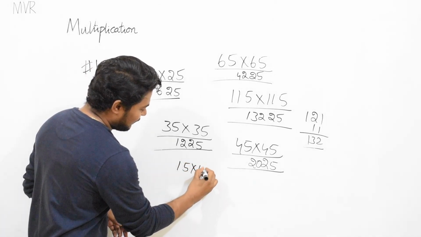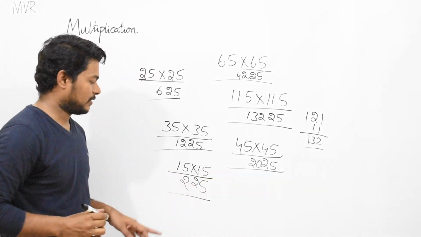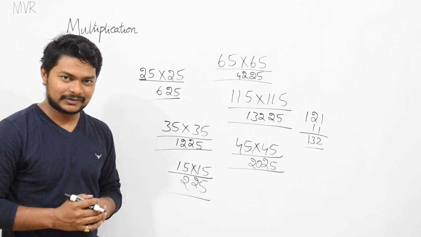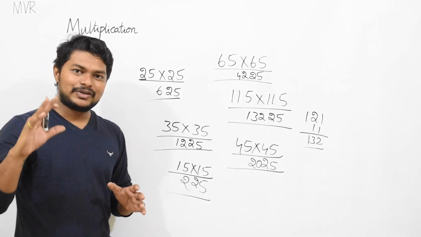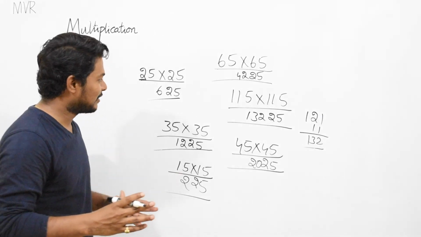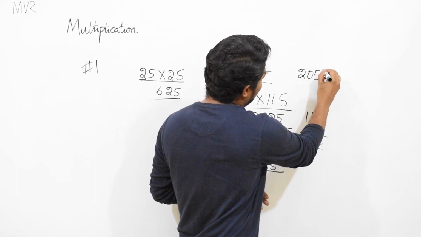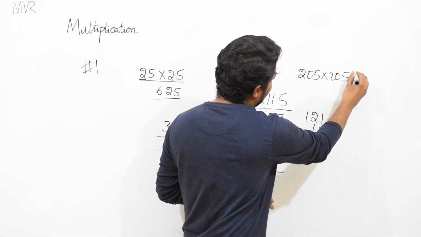15 into 15. So 25, and 1 into 2. Right? Likewise, you can do any kind of question. For example, you can take 205 into 205.